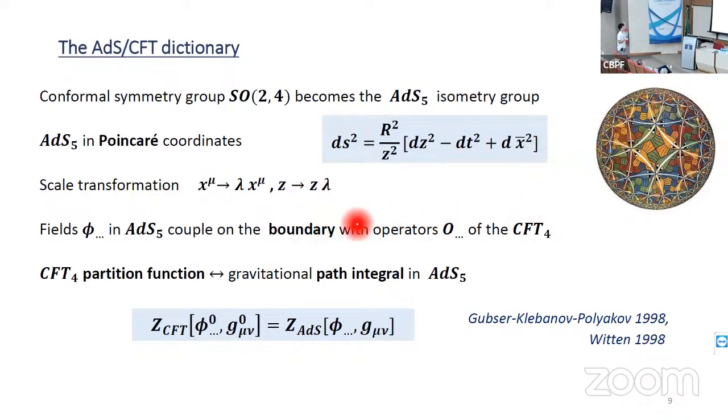And the dictionary was proposed by Gubser, Klebanov, Polyakov, and Witten. The idea was that these fields in AdS, this box, should couple to operators on the boundary, the CFT operators. And this is the dictionary, basically, to identify the partition function of the conformal field theory in the boundary with the path integral of this gravitational theory on AdS.